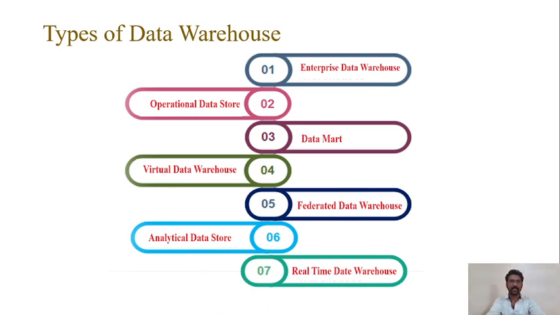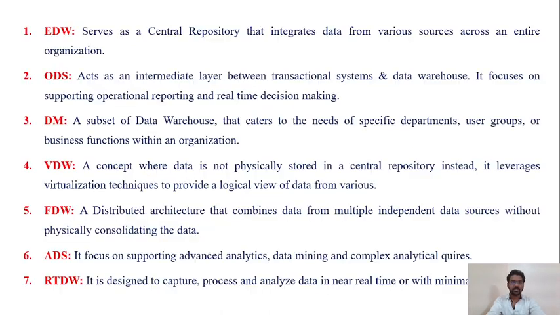What do these data warehouses do? The first one is the enterprise data warehouse, also called EDW. It serves as a central repository that integrates data from various sources across the entire organization. For example, we are running a college.